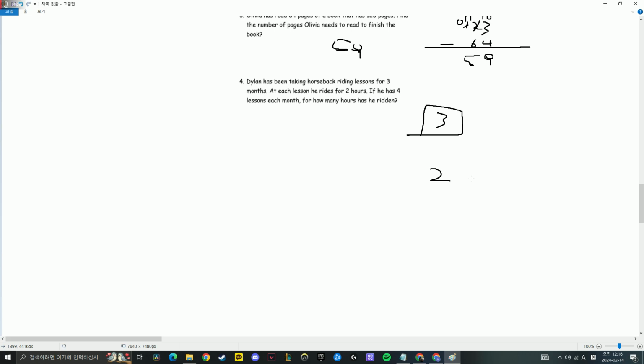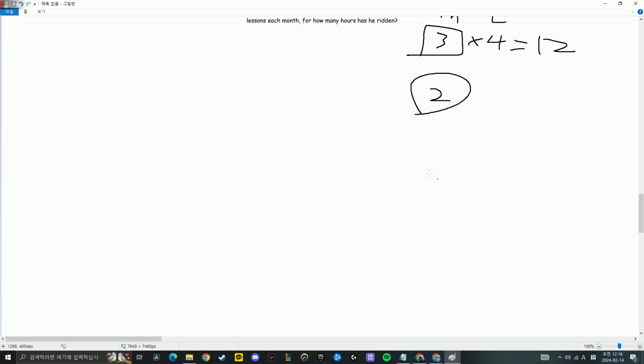If he has 4 lessons each month, that'd be 3 times 4. So this 3 stands for the months, and this 4 stands for the lessons. So we get 12 lessons total. In each of those 12 lessons, there are 2 hours, so that'd be 12 times 2, which is 24.